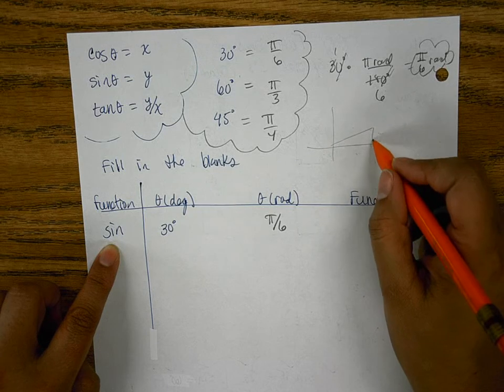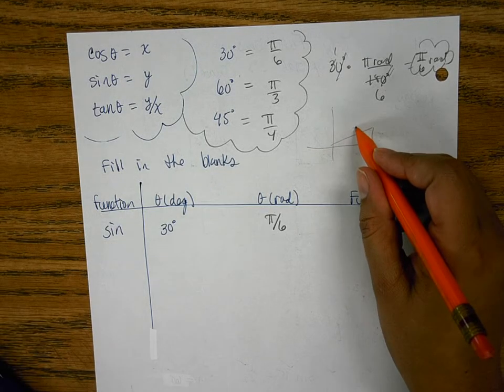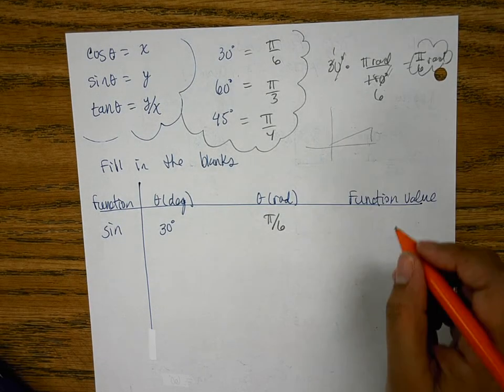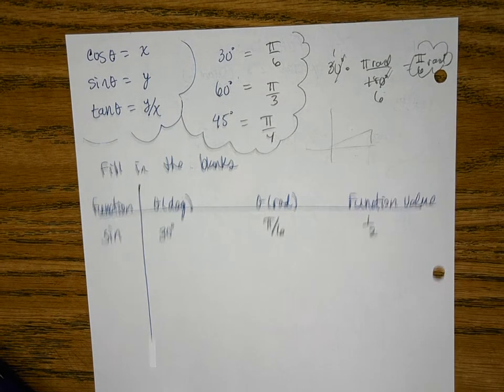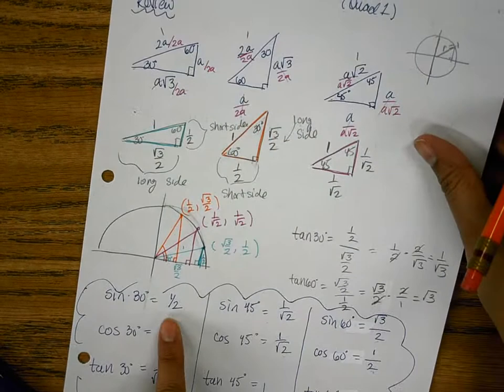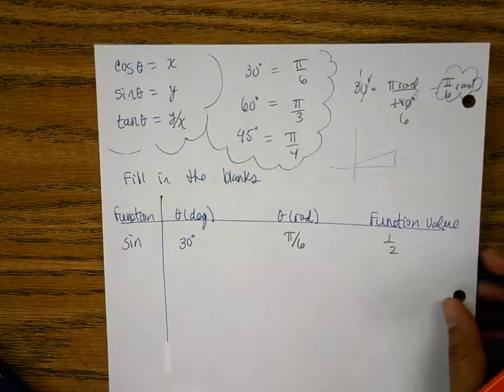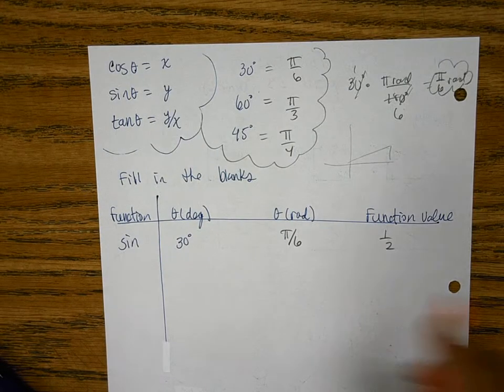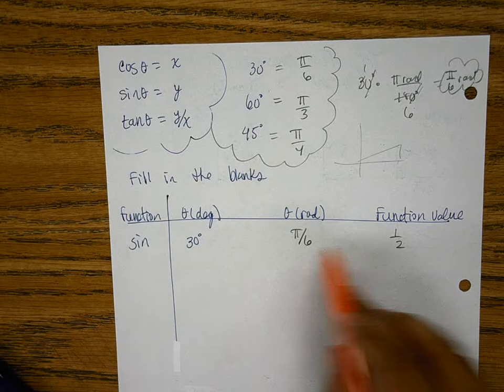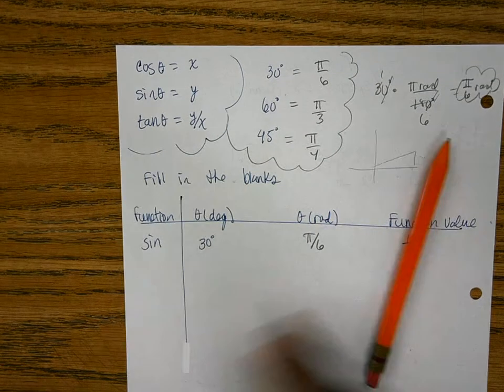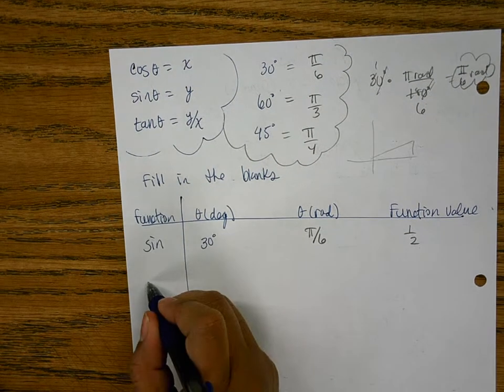Sine is opposite over hypotenuse, so it would be the short side over the hypotenuse. So it's going to be the 1/2. Sine of 30, you can look back here to make sure, and sine of 30 is indeed the 1/2. All right, so that's it for that one. We have our theta in radians and we have our function value.